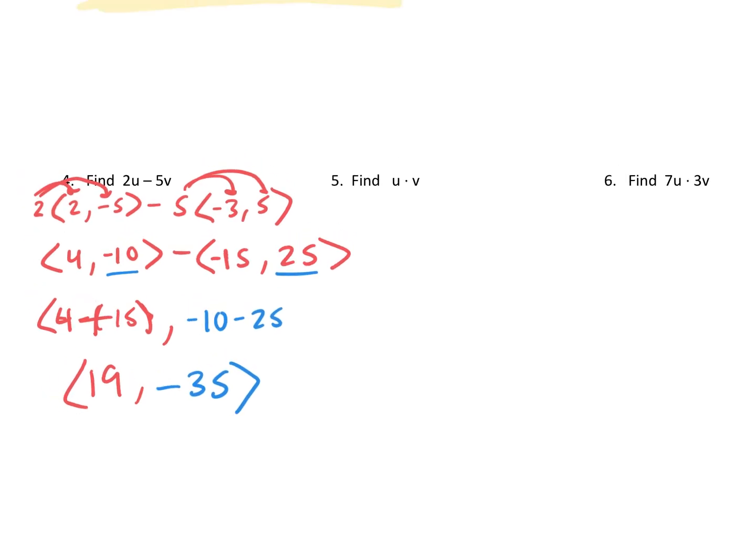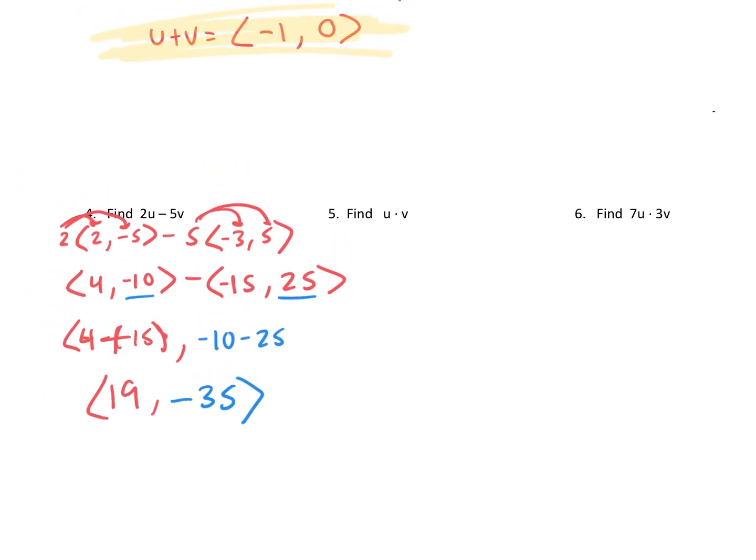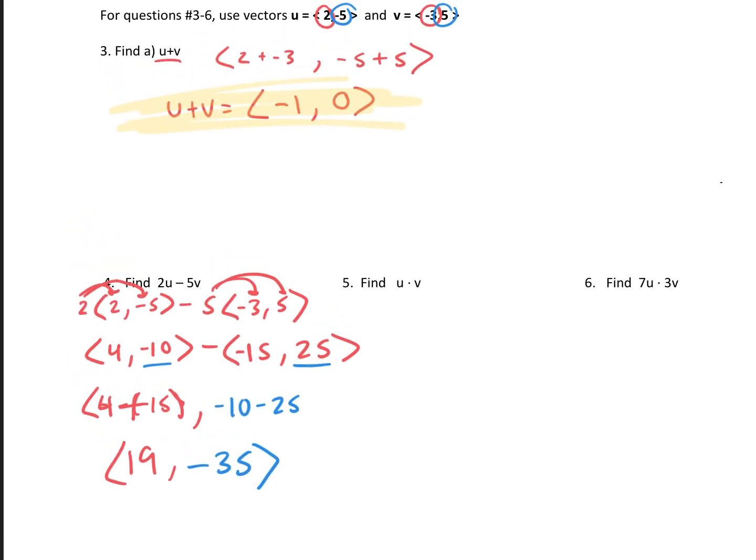All right, 5, we have to take the dot product. 15 I got from distributing 5 to the 3. All right, so when you take the dot product, your result's going to be a number, so it's not a vector here. So we want to find the dot product of u and v. So u is 2, -5.